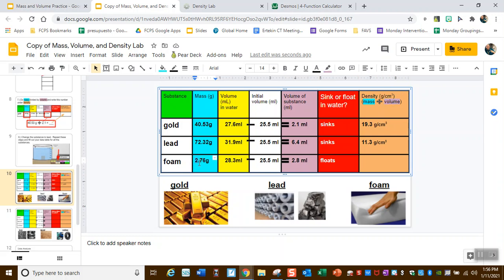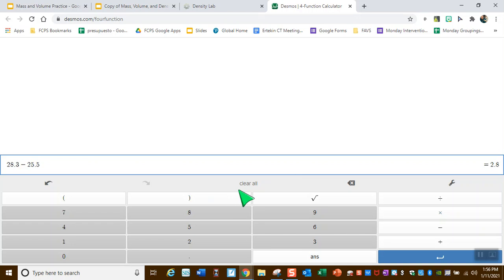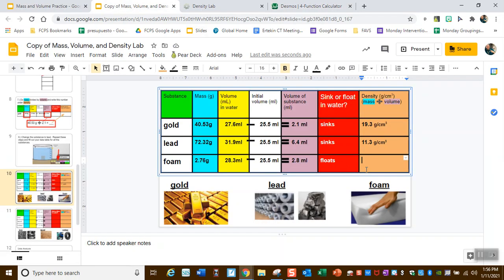Okay, so let's do 2.76 divided by 2.8. 2.76 grams divided by 2.8 milliliters gives us 0.98. Okay, we only need 2 decimal places, so we can round this to 0.99 if we want. Okay, so let's make this 0.99, and then we can write the units there.